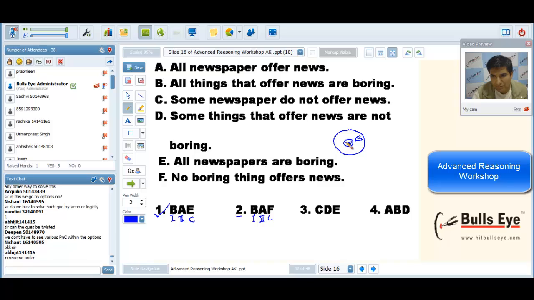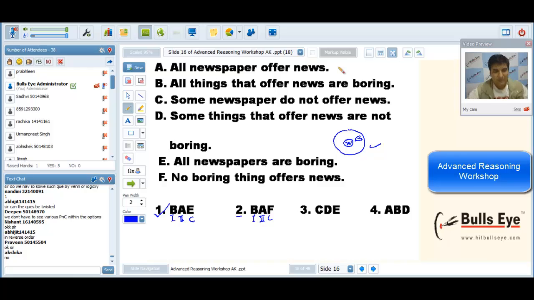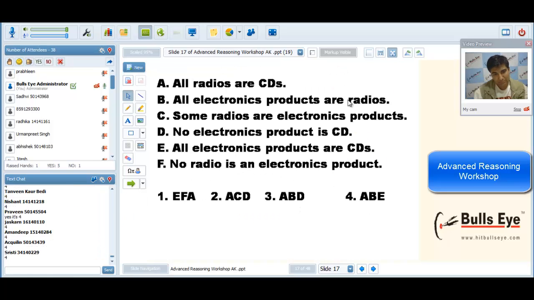So I'll have to make newspaper part of the news, since all newspapers are news. Now, E says all newspapers are boring. So yes, it is logically true. Any problems? We go to the next question now.